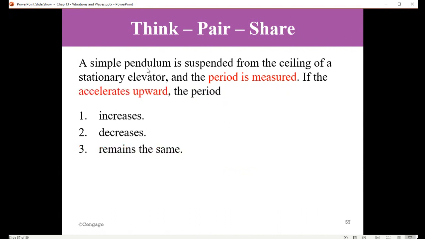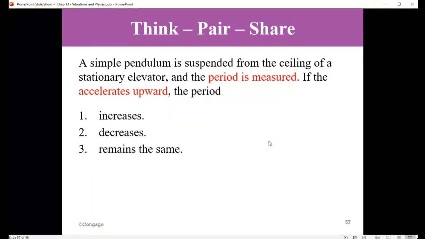Now, the same story, but now the elevator accelerates upward. So now there is acceleration, which means now g will change in the equation for the period. Because of the acceleration of the elevator, there will be a net value for the acceleration.